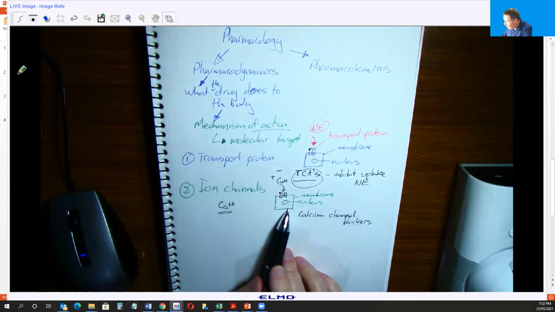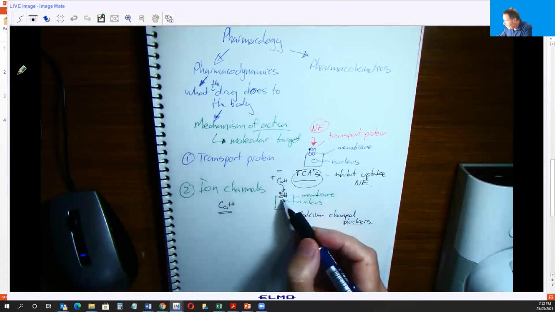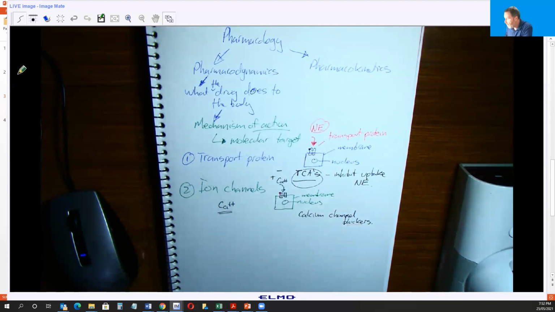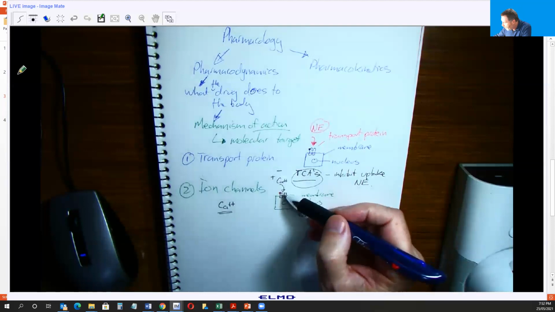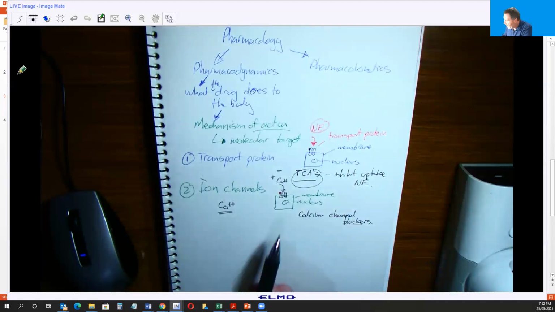Let's say this cell was a smooth muscle cell instead of a cuboidal cell. It relies on calcium to come in and function properly. However, calcium channel blockers bind to the calcium channel and prevent calcium ions coming in, and that means the smooth muscle is unable to contract like it normally does. So calcium channel blockers can do that as one example.